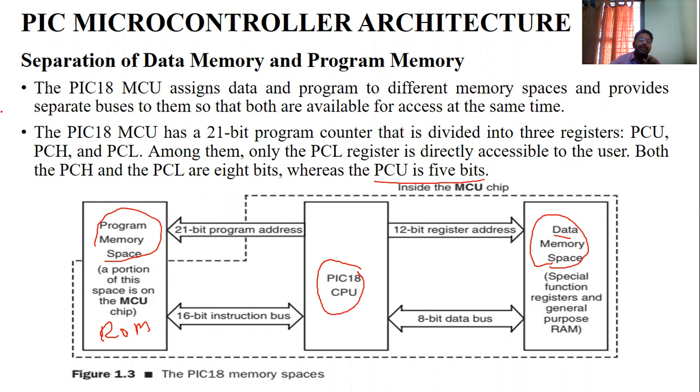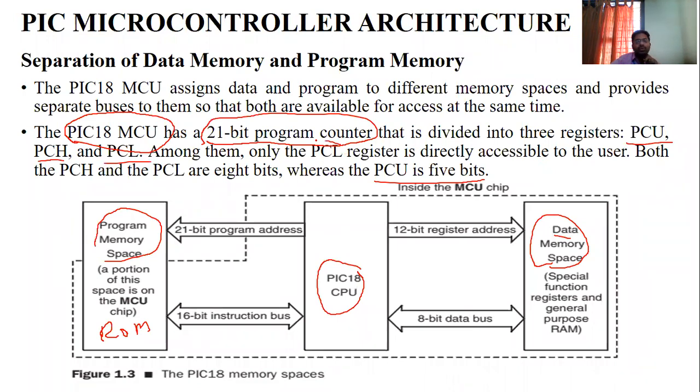The PIC18 microcontroller units, all the PIC18 microcontrollers, have a 21-bit program counter. This program counter is divided into different parts, higher as well as lower.